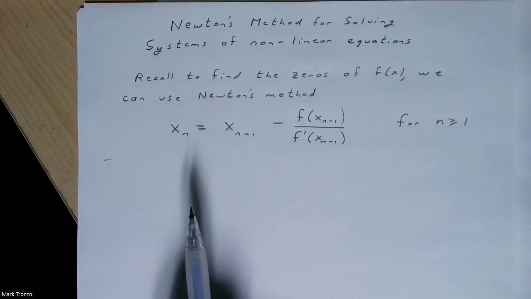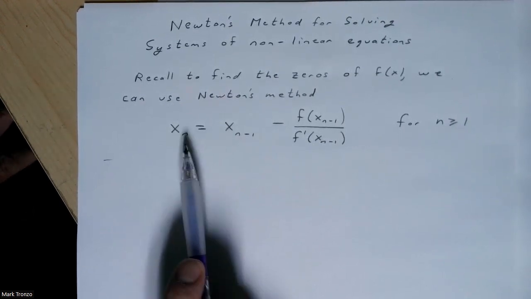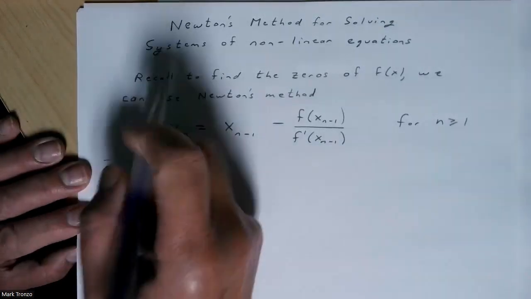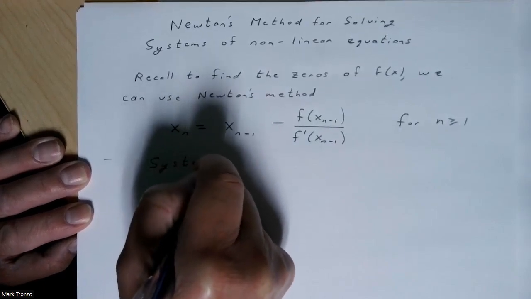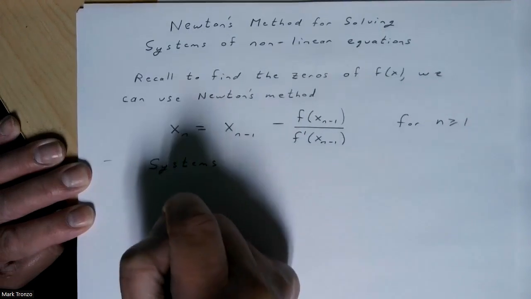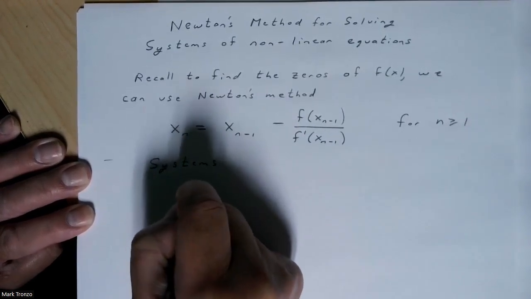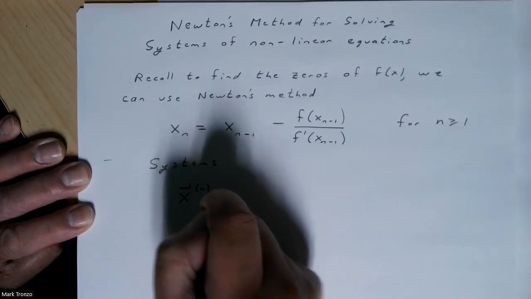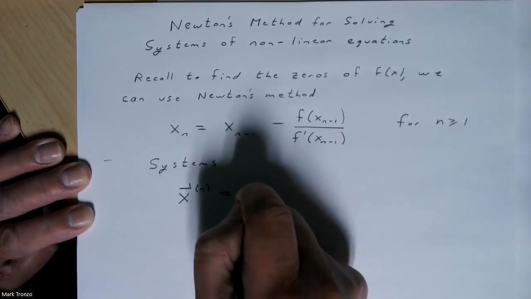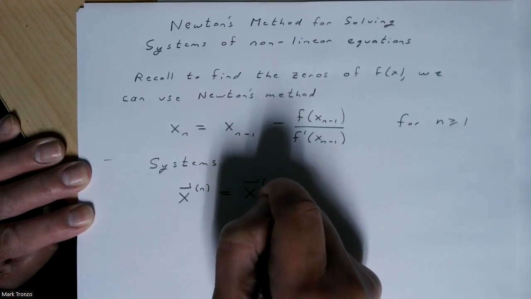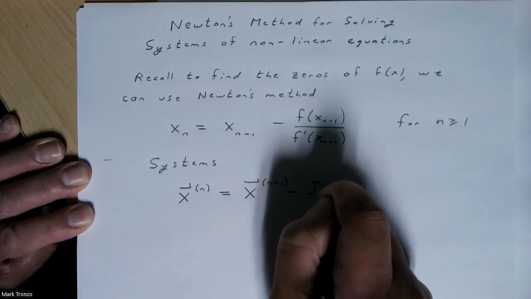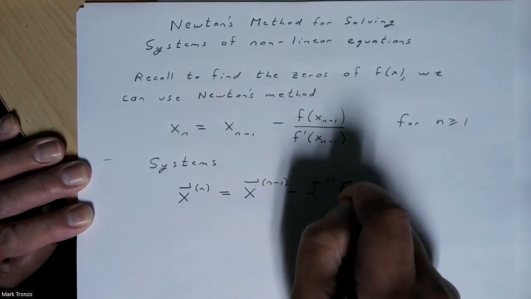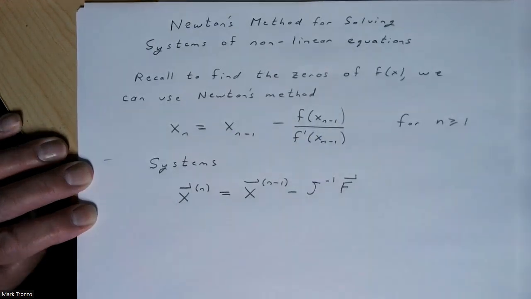But again, in this video, we're going to look at systems of equations. Now, this time, instead of using this for systems, we're going to use something like this, where this is going to be a vector, and this is going to be our function.